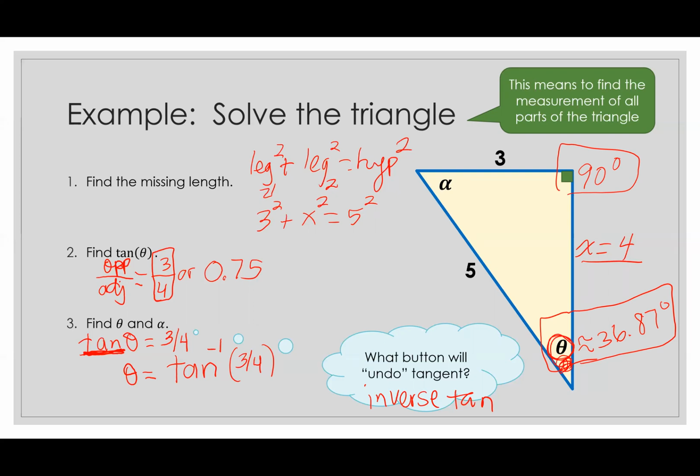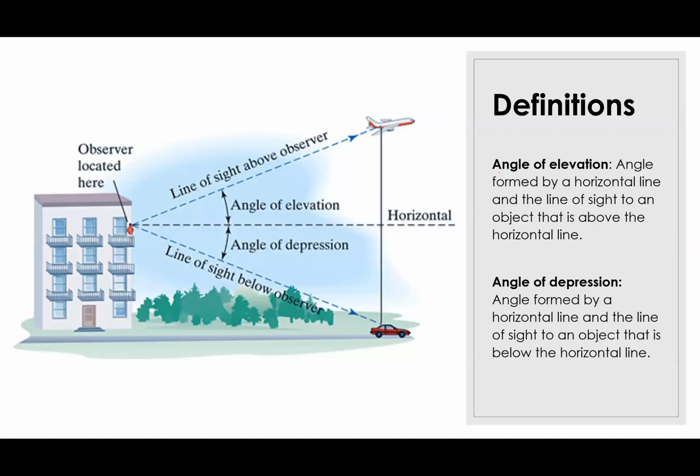So 180 minus 90 minus 36.87, we have alpha being 53.13 degrees. Good job there. Now we have found all the parts of the triangle, and that's what it means to solve the triangle.